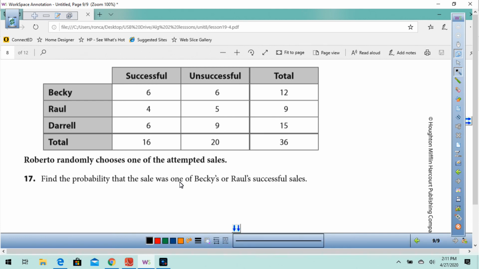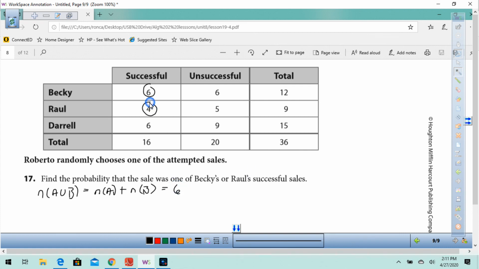Find the probability that the sale was one of Becky's or Raul's successful sales. All right, so in A or B, that's going to be N of A plus the number of B. Well, what's the number of A? Becky had 6 successful, so we're going to have 6.